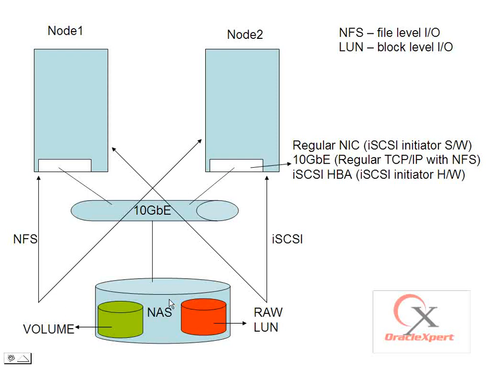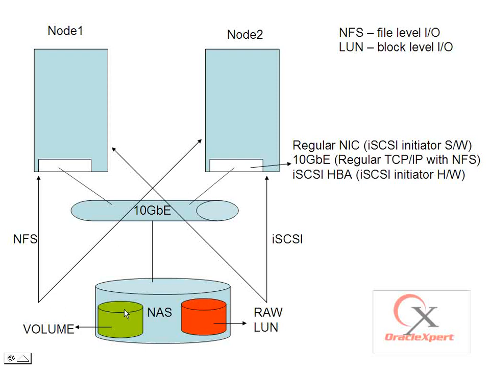As I said, it can work as a NAS, network attached storage, or a SAN, a storage area network. Now in a NAS mode, if somebody configures this, it gives you the ability to create volumes. If you configure the same thing in a SAN mode, it gives you the ability to create raw LUNs.